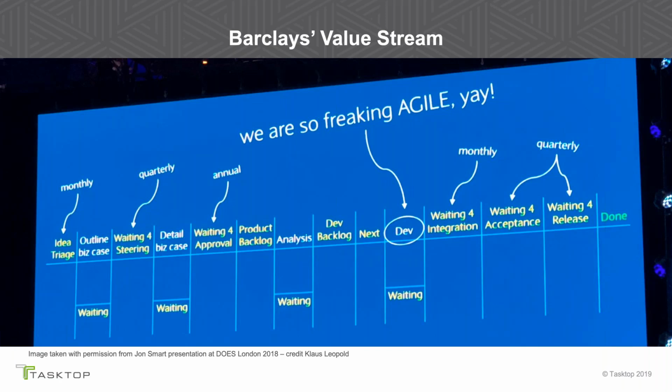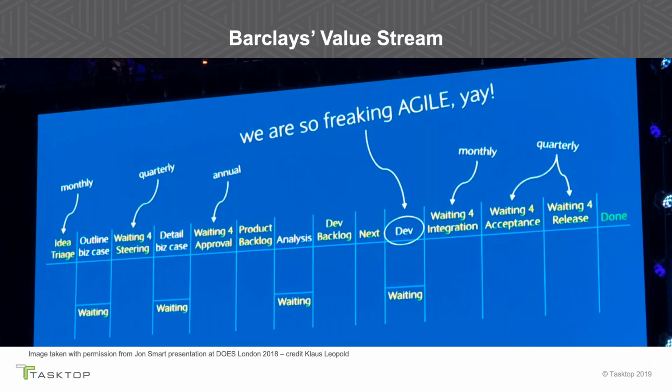They had quarterly steering committee meetings. They had annual budget approval. So there's an entire year before anything gets done. So if you want to do a feature next year, you've got to plan it this year. And then after they did the feature, they had monthly and quarterly waiting for releases. So yes, their development was agile, but left and right wasn't.